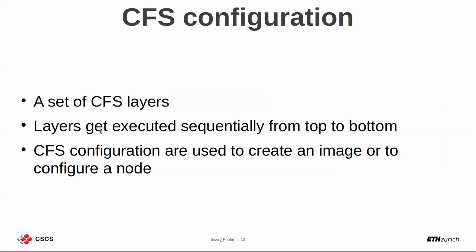Okay, and the configuration is just a group of CFS layers. They are executed sequentially from top to bottom according to how you define them. They can be used to create images or configure a node. I'm repeating this quite a lot, but building images versus configuring nodes is important.